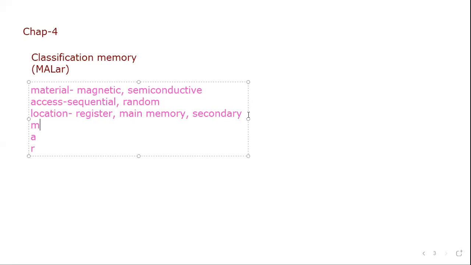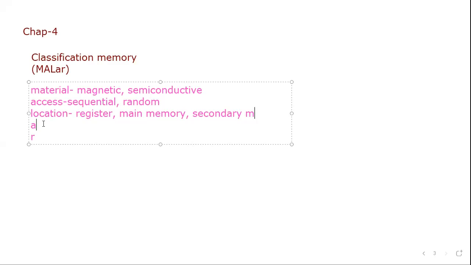Secondary memory means pen drive, floppy, or removable drives like CD and DVD. Register is inside your processor, then main memory is your RAM, and secondary memory is the hard disk or external storage devices.